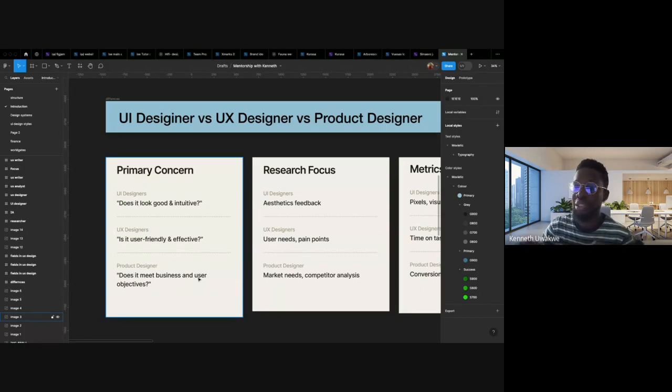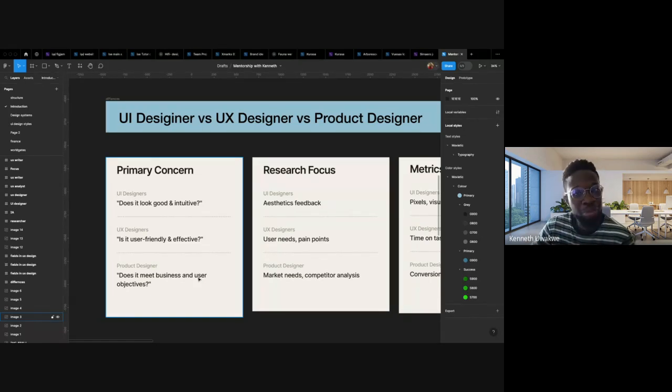So right now, look at a product designer as a UI/UX designer that doesn't only focus on the UI, or the user interface. It doesn't only focus on the user experience, but it also focuses on the product, on the business goals as well. So his mind, whilst building design solutions, is not only focused on how nice the thing looks.